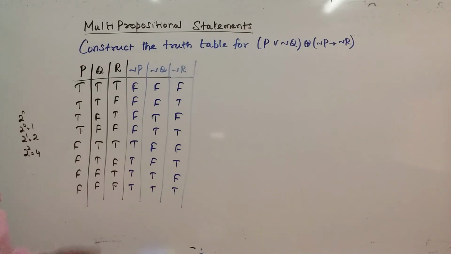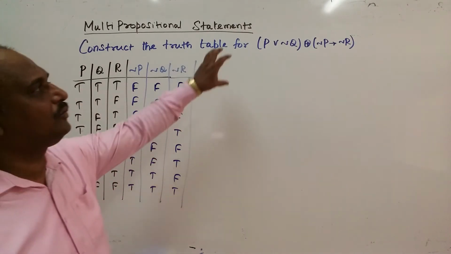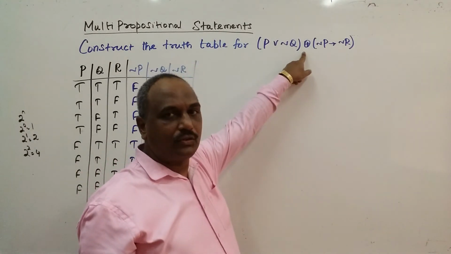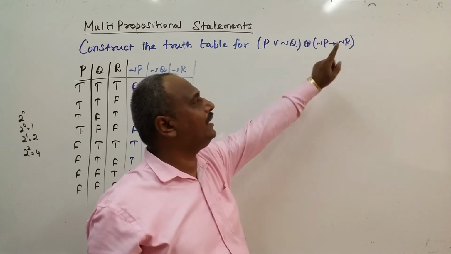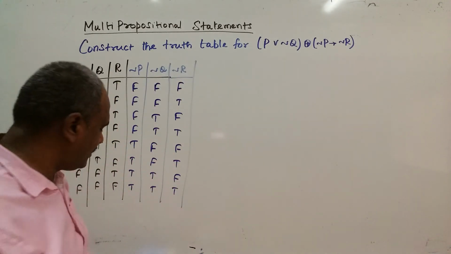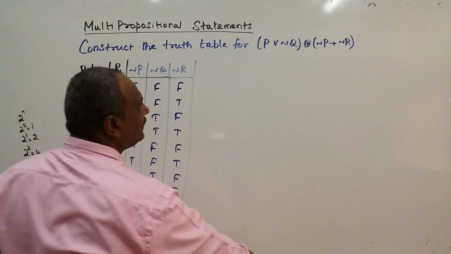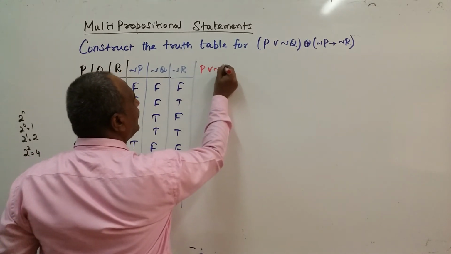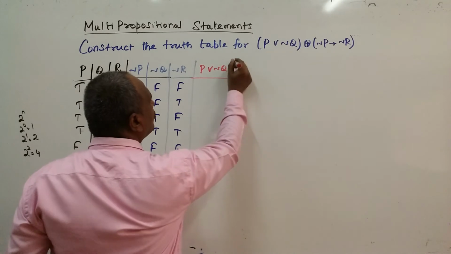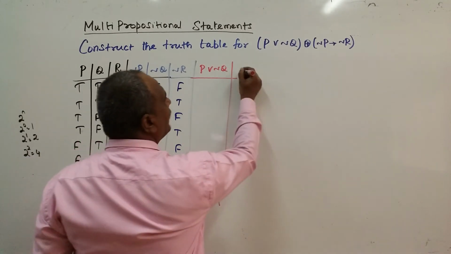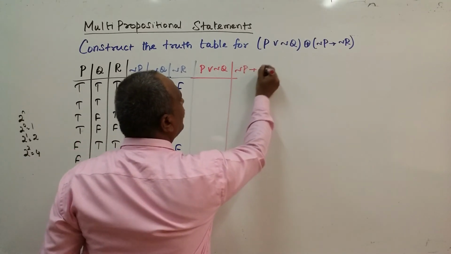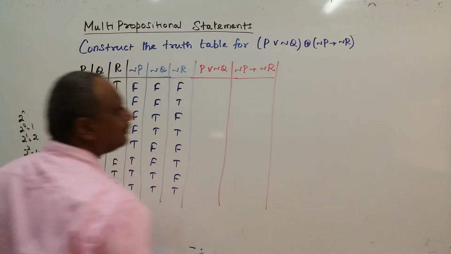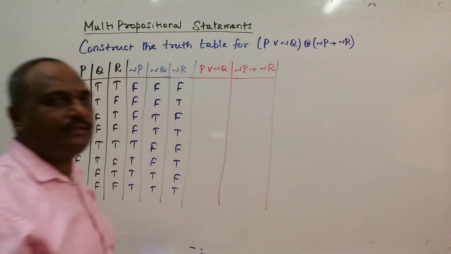Now using these values, I am going to construct the truth table for (P or negation Q) exclusive OR (negation P implies negation R). In the first bracket, I need P or negation Q. In the second bracket, I have negation P implies negation R. We know the conditions.